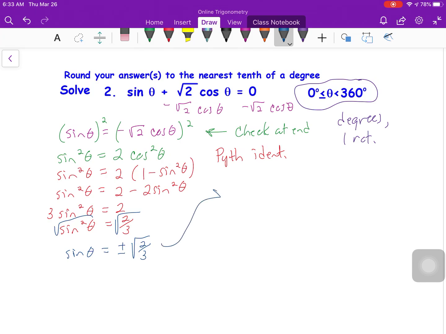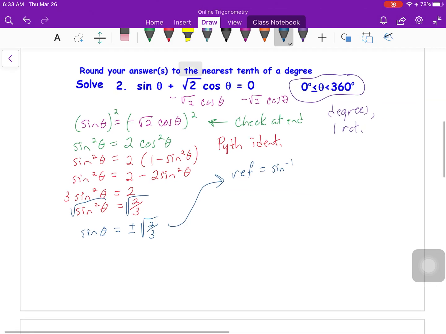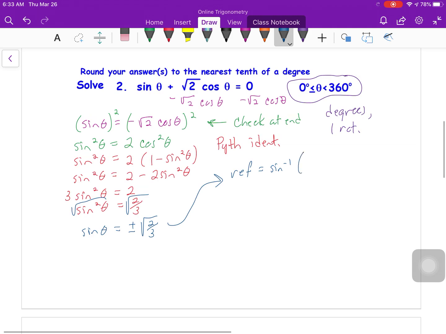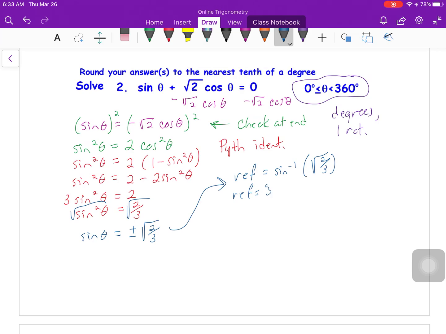So in order to find our reference angle here, I'll have to use inverse sine, and then square root of 2/3. So for my reference angle, let me take my calculator. I get 54.7 to the nearest tenth.